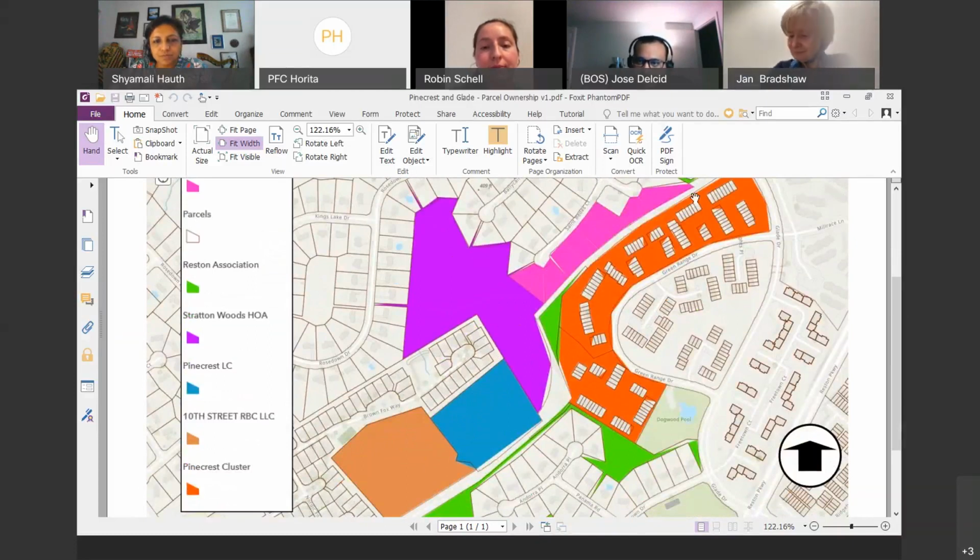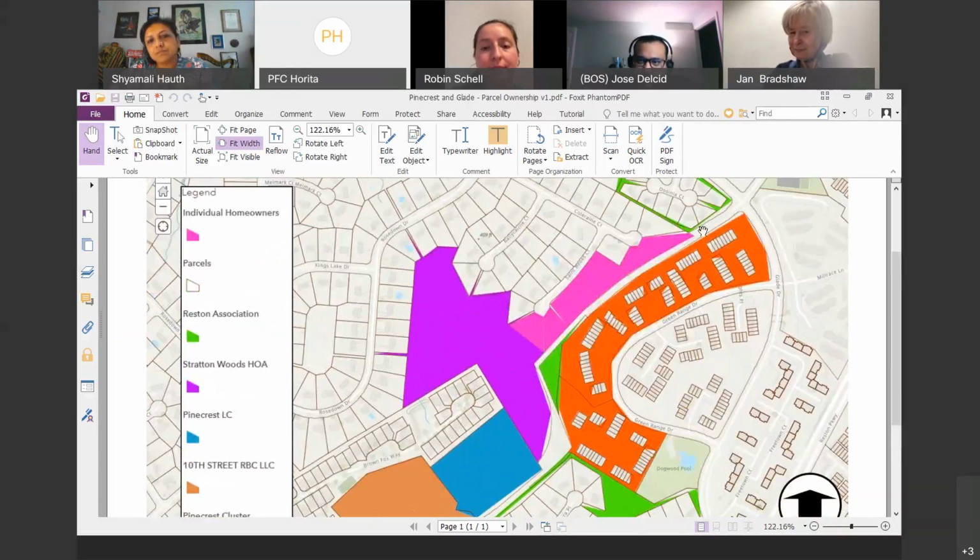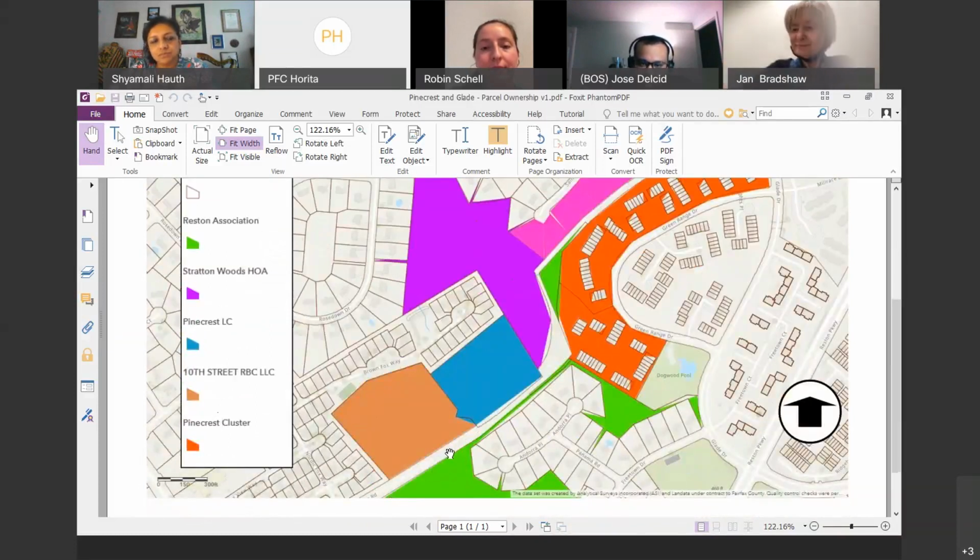So everything in between here is the Pinecrest right of way, which terminates right where the entrance for this business campus is, and I'll share this graphic with the group.